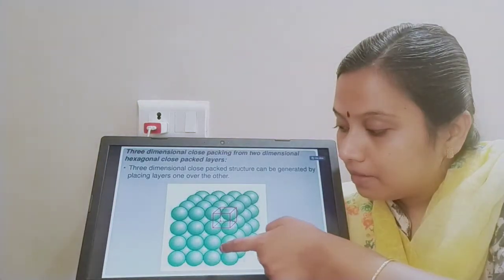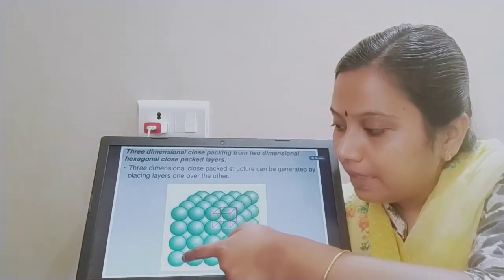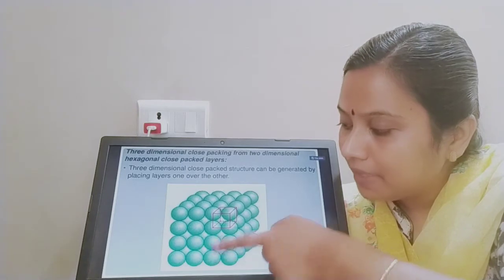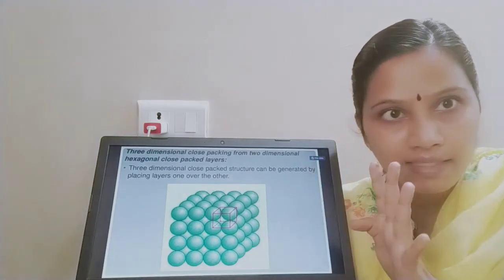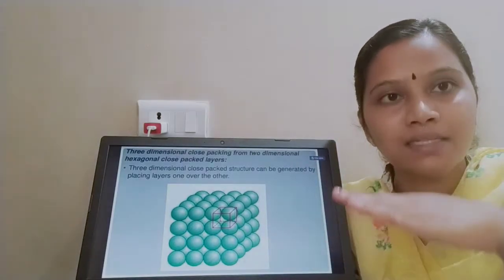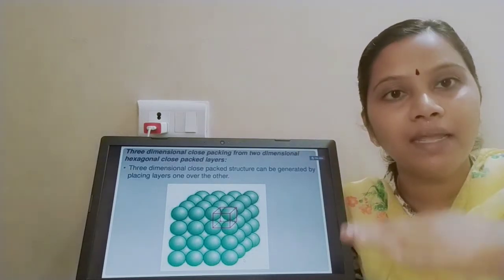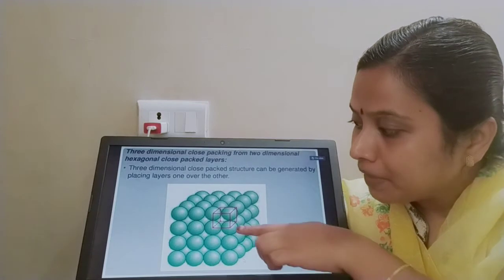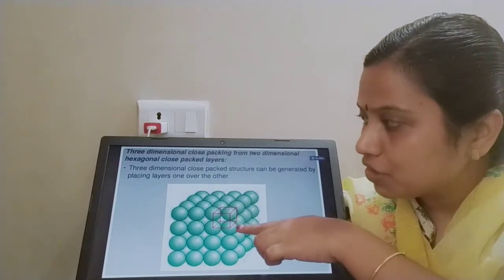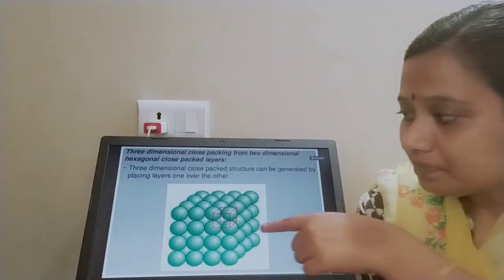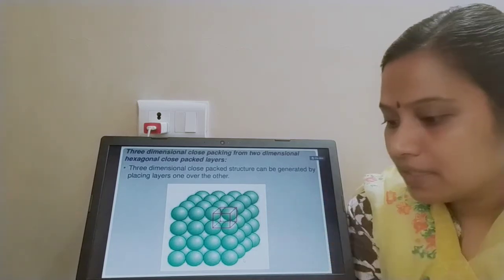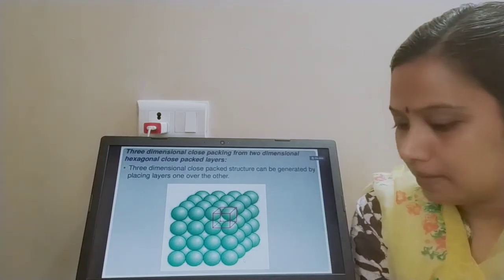The depression of the layer is occupied by the spheres of the second layer. That doesn't happen here. This is a simple packing, just keeping layer 1, then on that layer 2, layer 3, layer 4, keeping the layers one above the other. I will be getting a square packed structure, and this is called a crystal lattice, and each unit cell is called one cubic unit cell.